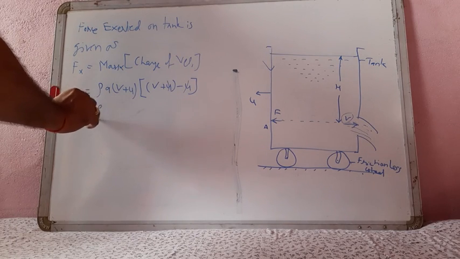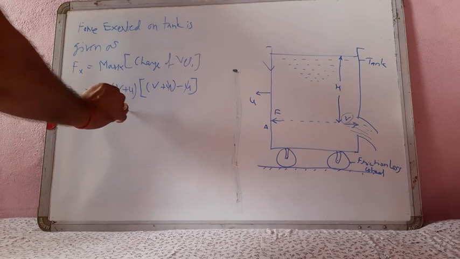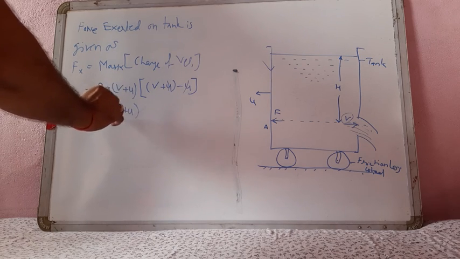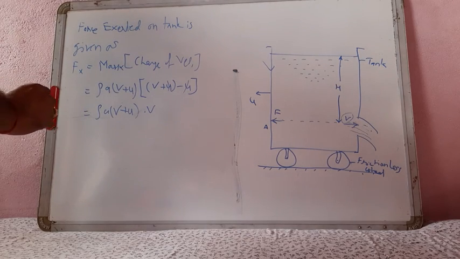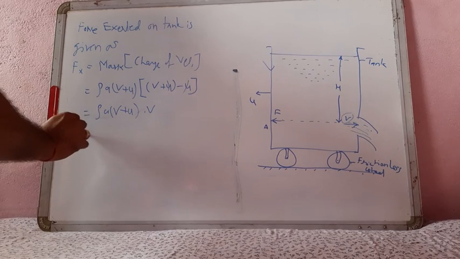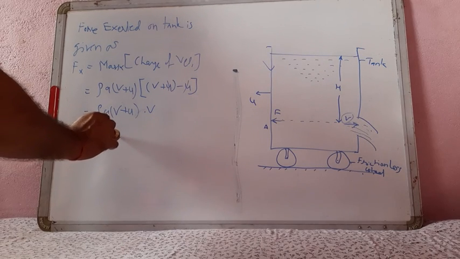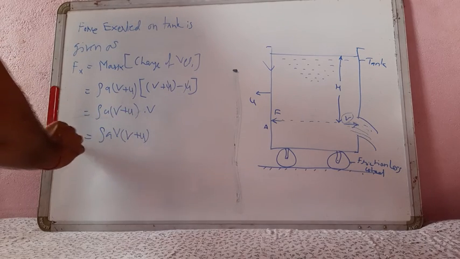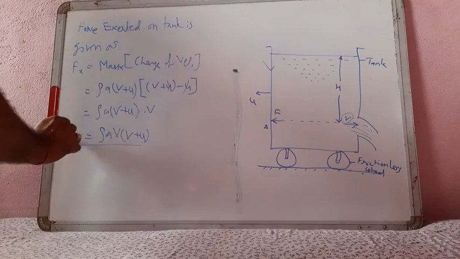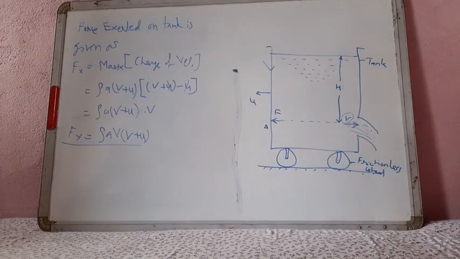Here we will get rho A (V plus U) into V. So that is rho A V (V plus U). The force exerted on the tank is given by this equation.